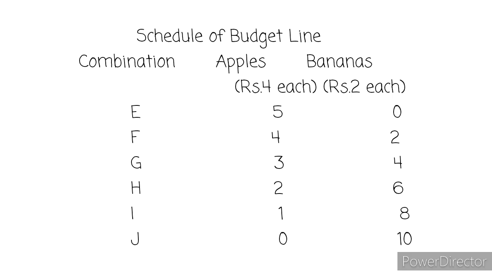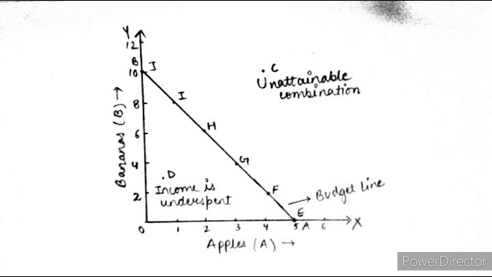What we're going to do is just plot these combinations on the graph. On the x-axis we'll take apples, on the y-axis we'll take bananas, and when we join these points from E to J, we'll get the budget line, which is downward sloping and is also a straight line.